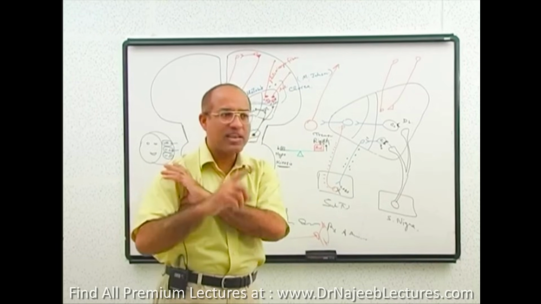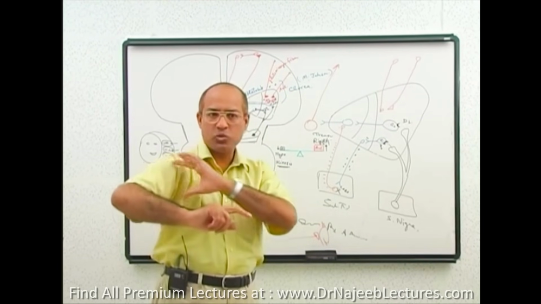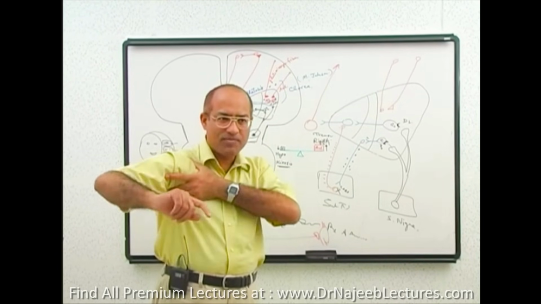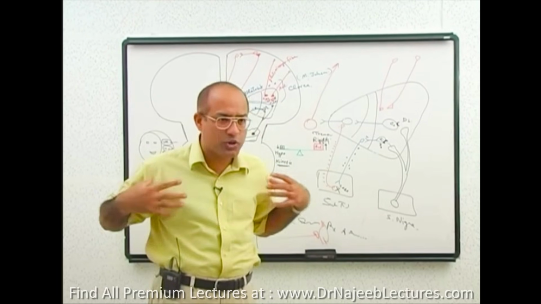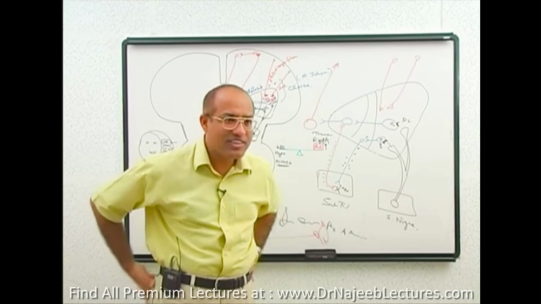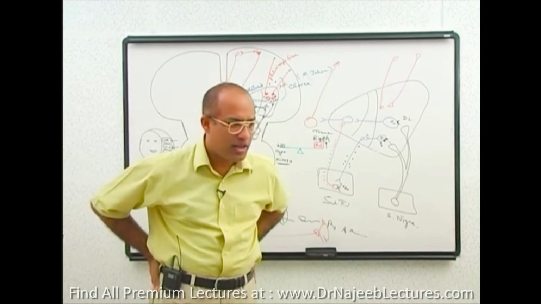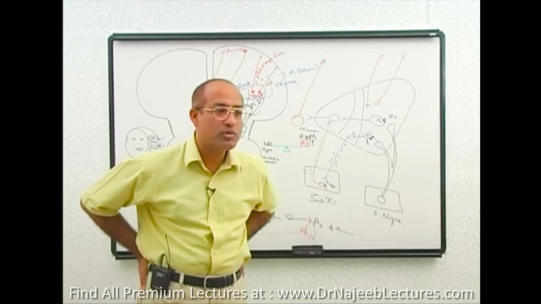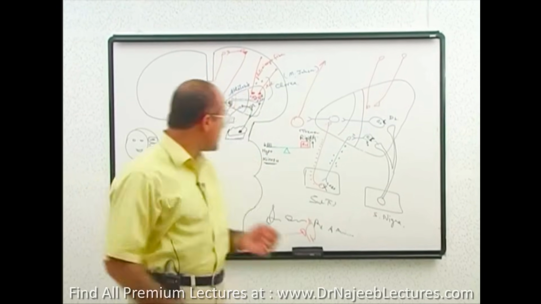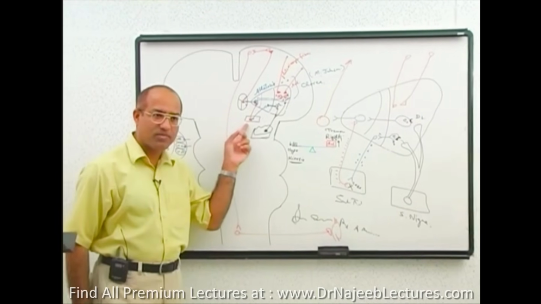Actually, subthalamus is very much responsible for adjusting the movement in this area and in this area, especially around the shoulder girdle, and adjusting the tone in the hip girdle. Is that right?